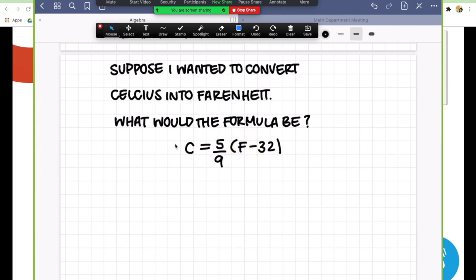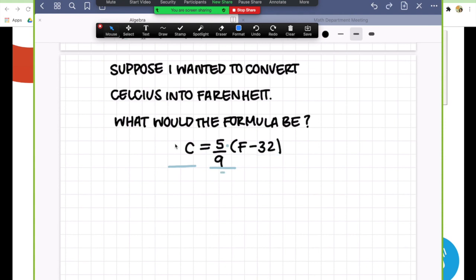So how do I do that? A lot of people start off by distributing, but I don't want to do that because that just brings the 5/9 closer to the F, and I don't want to do that. What I want to do is get the 5/9 away from the F. So instead of distributing, I'm going to divide because I know that 5/9 is multiplying with the parentheses here.